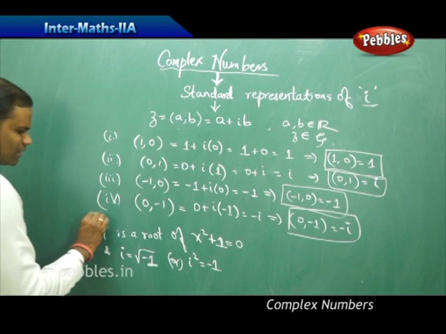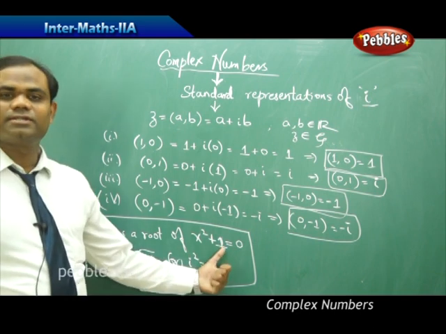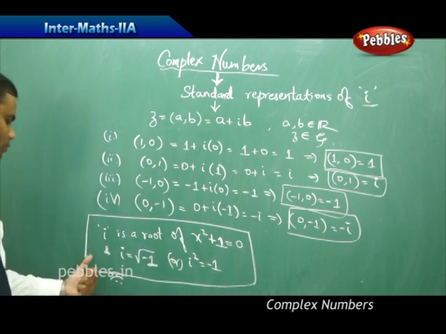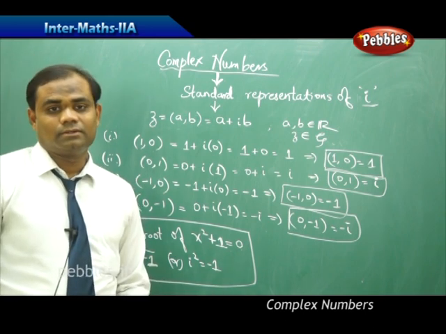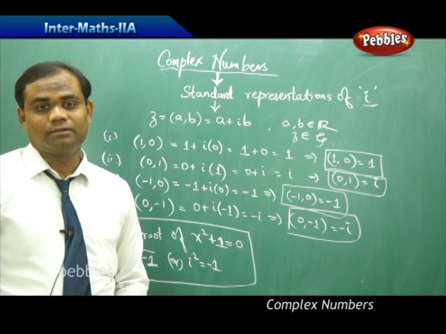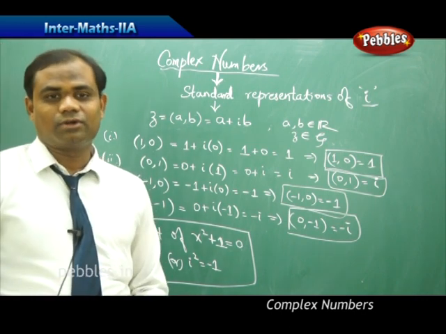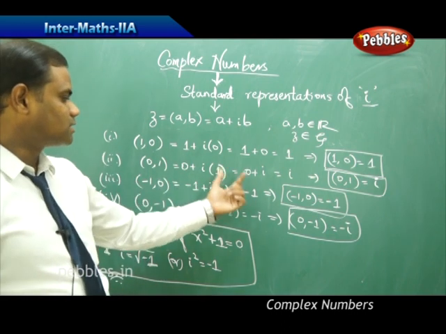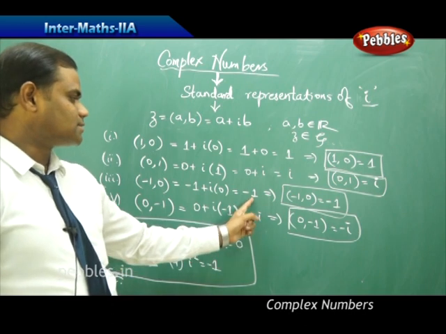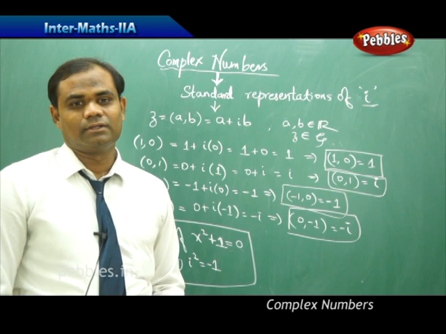That is how we understand i in its standard representation. Without i existing, we cannot say it's a complex number, but you can say it's a purely real number. So in this case, these are complex and these are purely real, is how we understand.